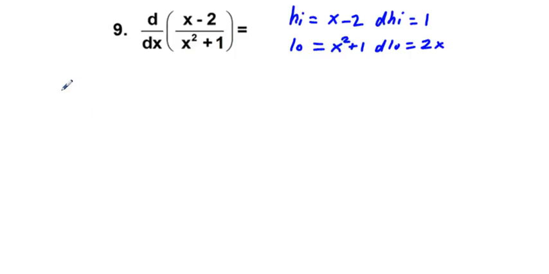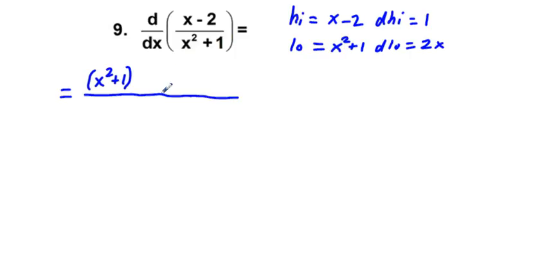And so now to differentiate and simplify, that's all we need, right? Well, we have low d high. Low is going to be this quantity x squared plus 1.